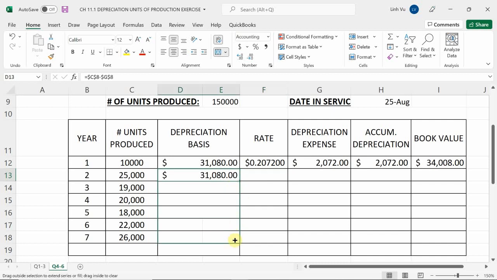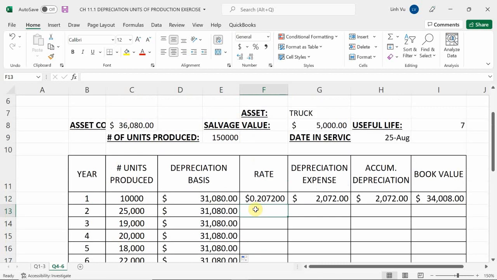What about my per unit rate? It's the 31,080 times 25,000. Not times. Divide. Yes. So not 25,000, it's 150,000.